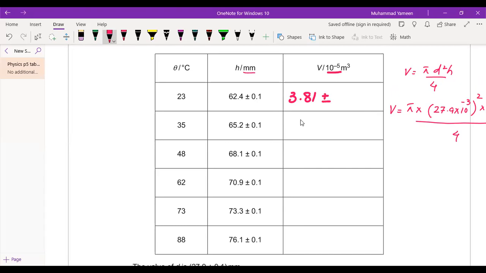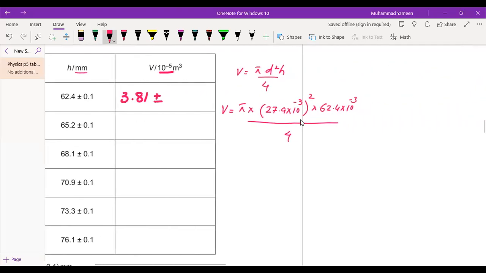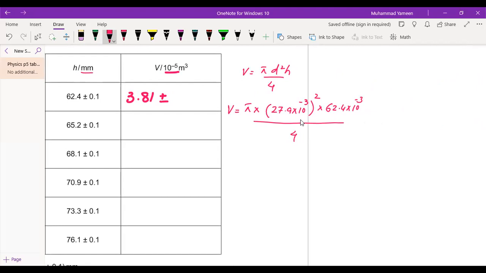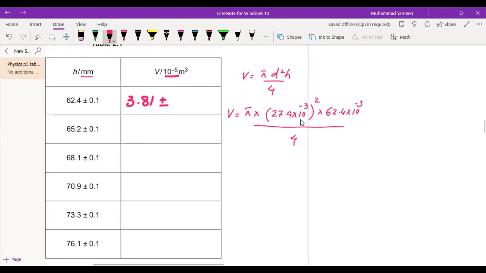3.81 plus minus. How to calculate error over here? Okay. So the value of V is 3.81 times 10 to the power minus 5. You can use the max minus min concept, or you can use your AS method to calculate error. Over here you have a multiplication case, so fractional error will be added.